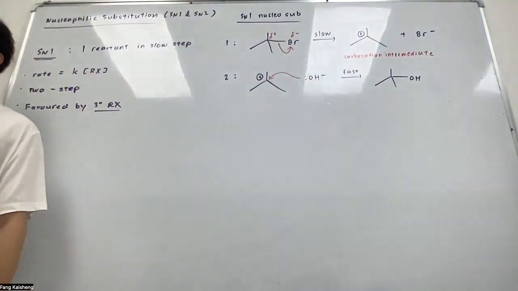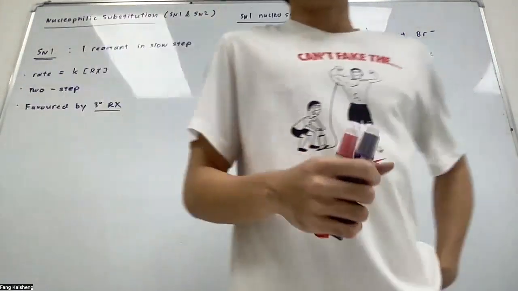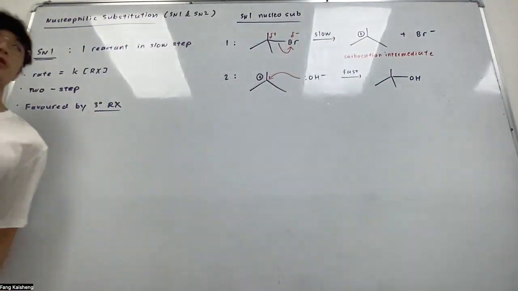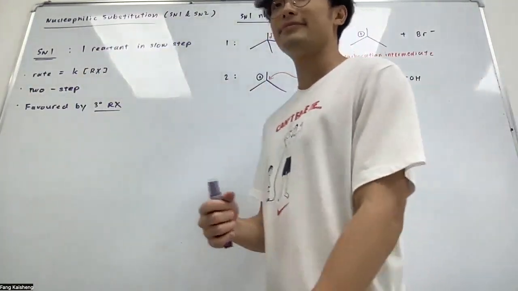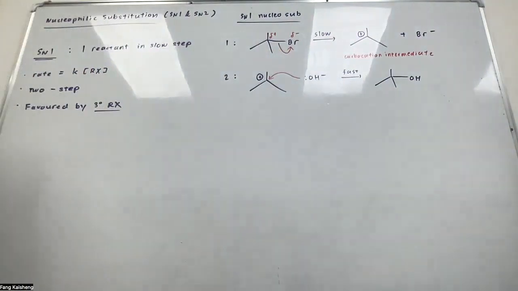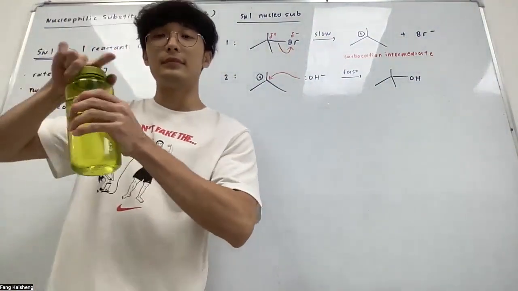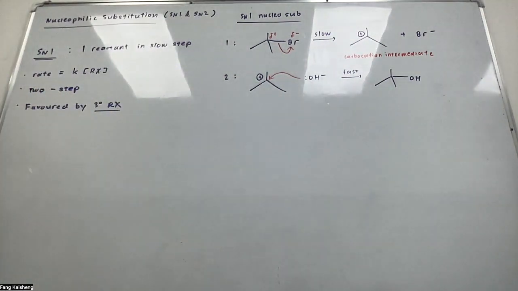I need you all to draw the energy profile diagram. Page 26, draw the same thing like what we've drawn just now. I didn't explain why it was exothermic. We shall do that now.